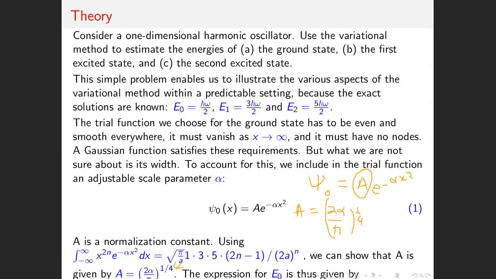The point is that whatever wave function we use, we have to calculate this H, which by definition would be psi 0 H psi 0. It's what you were doing in the tutorial.